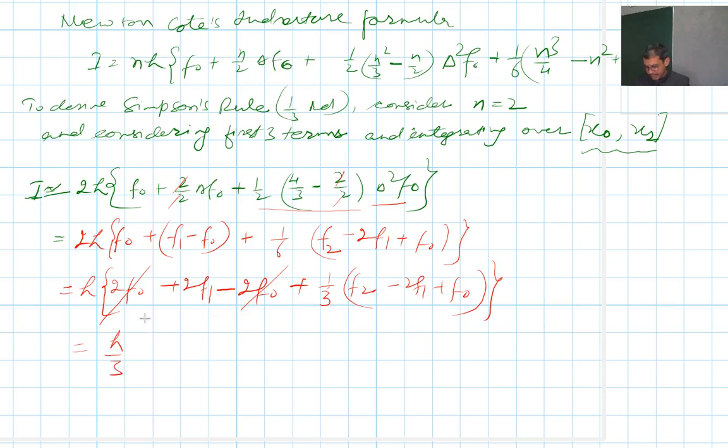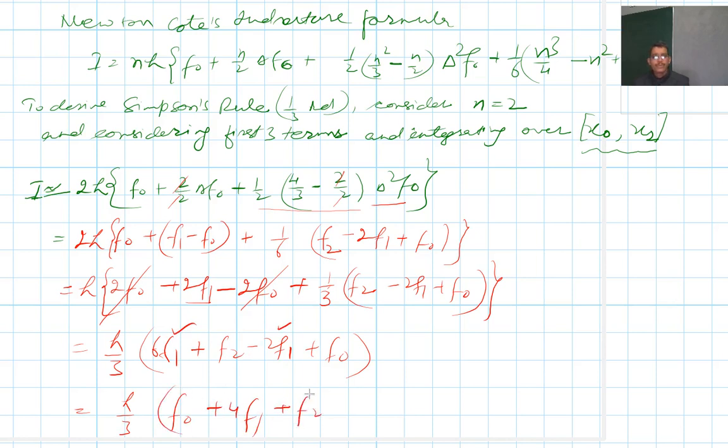When it is taken outside, then it will become 6f1, right, plus f of 2 minus 2f1 plus f of naught. So it is equal to h by 3 [f of naught plus 4f1 plus f of 2], because when these two are put together it will become 4f1. So that's what I'm getting now, right?